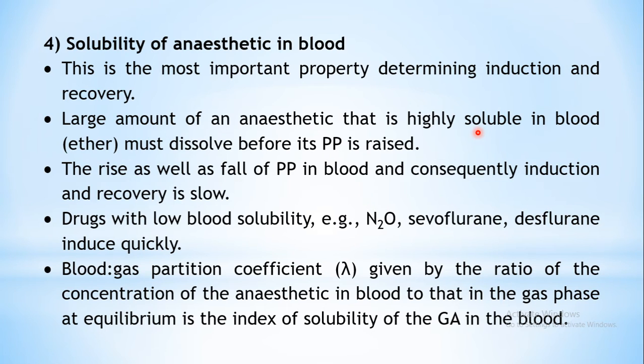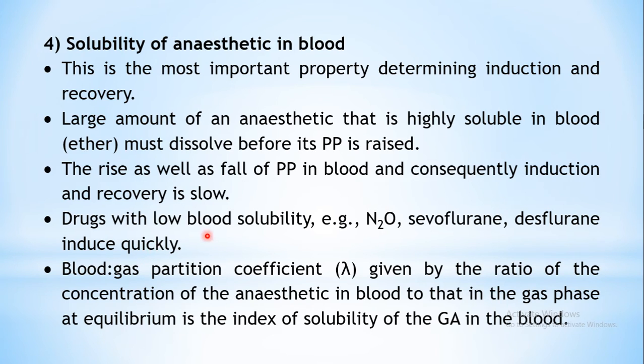Your anesthetic should have a low blood solubility so that it need not dissolve for it to increase its partial pressure in the blood. Those which have low blood solubility, like say for example nitrous oxide, sevoflurane, desflurane, are the anesthetics which induce very quickly, and the same factor also governs the recovery.